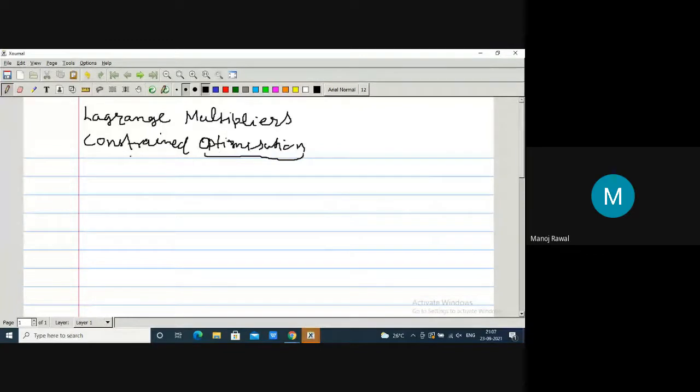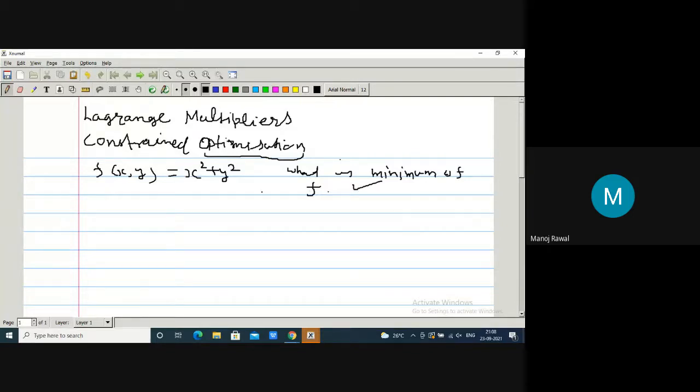Why is the Lagrange multiplier important? I told you that suppose we are given this paraboloid f(x,y) = x² + y². If I ask you what is the minimum value of f, you all know it is (0,0), we have already calculated.